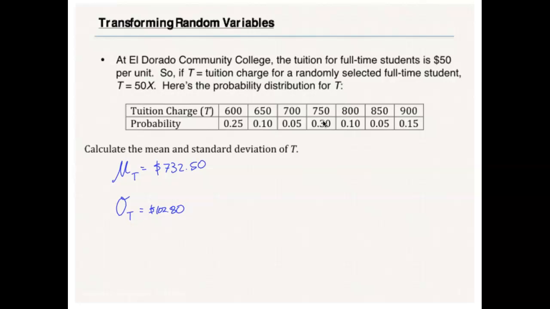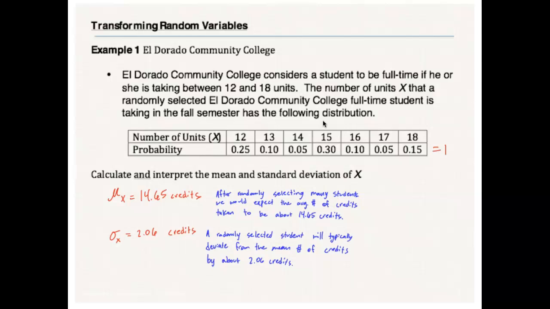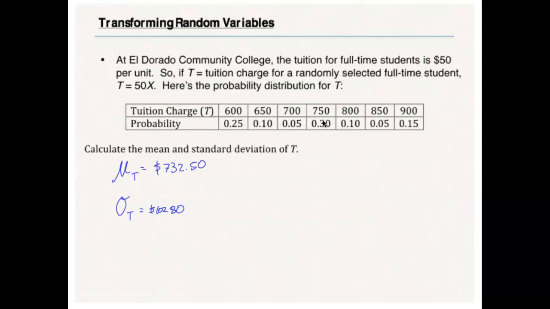The interpretation would be the exact same, except we would change out credits for dollars. So we would say the average tuition would now be $732.50 after randomly selecting many students, and a typical student would deviate from that by about $102.80.